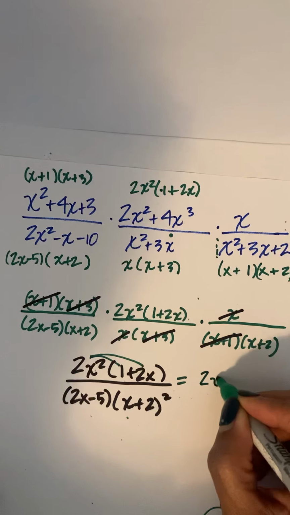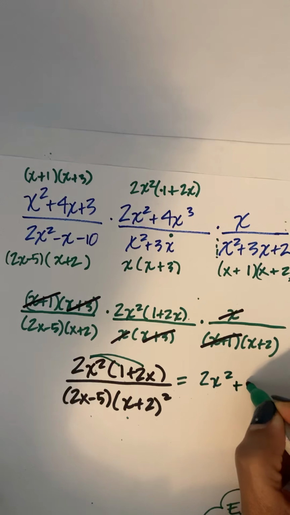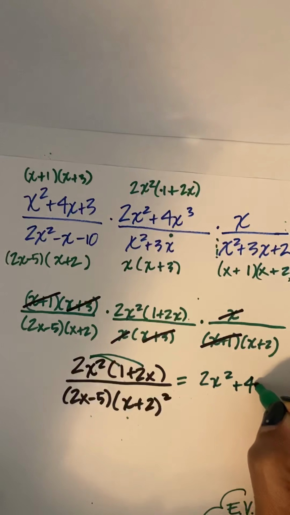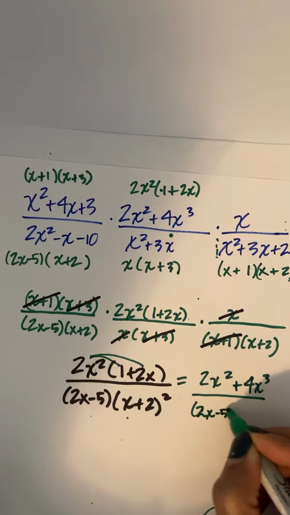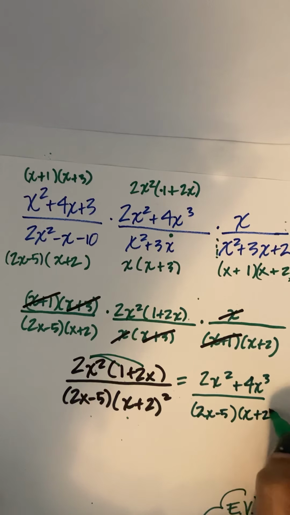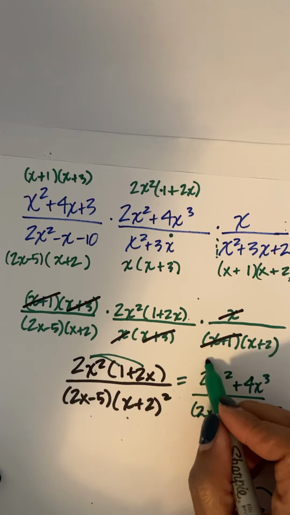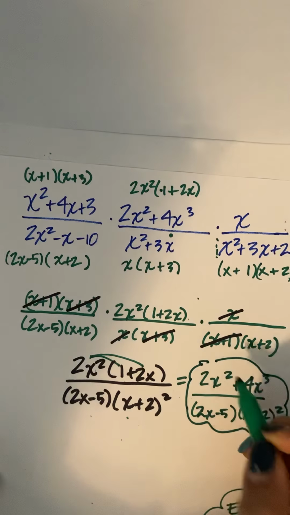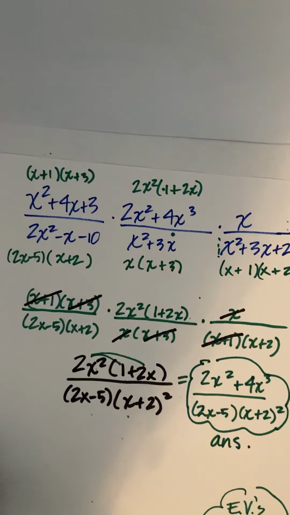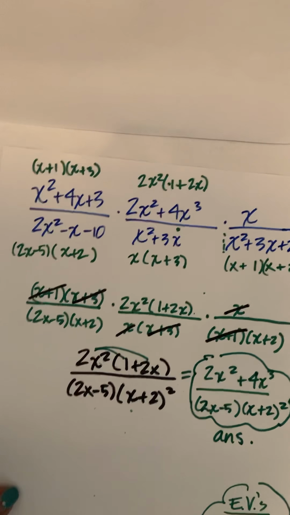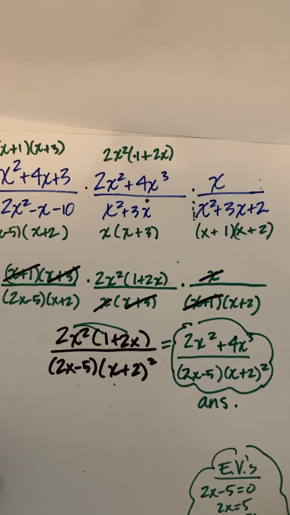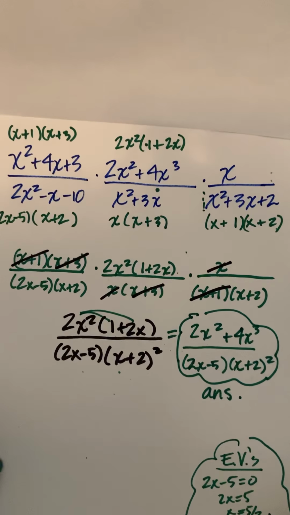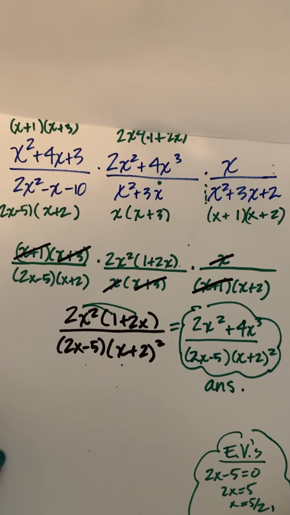So that would be 2x squared plus 4x cubed over 2x minus 5 times x plus 2 squared. Woo! That was the answer. Okay, so remember our excluded values are here as well, right there.